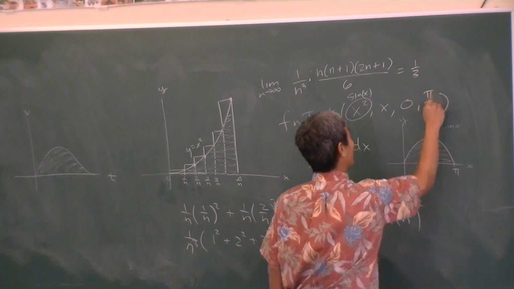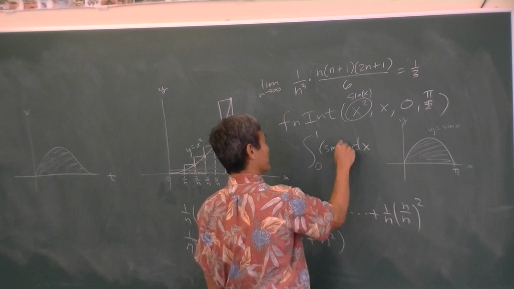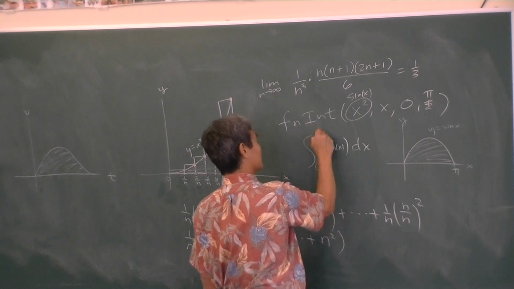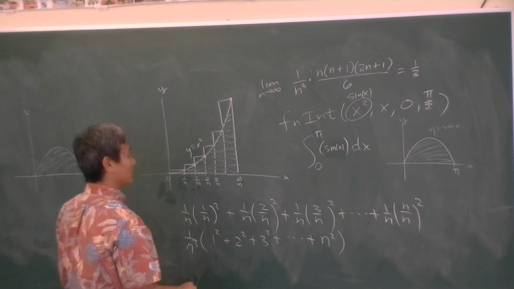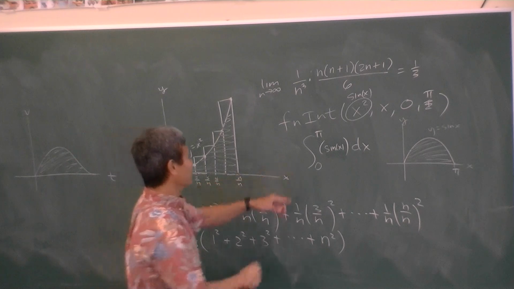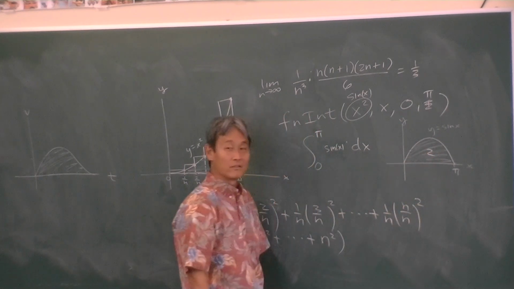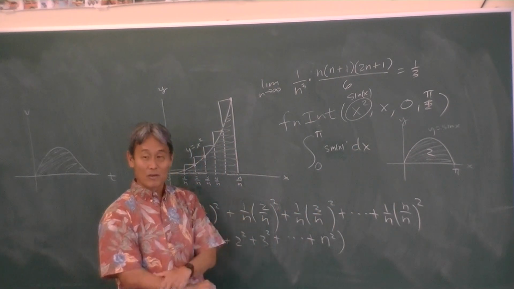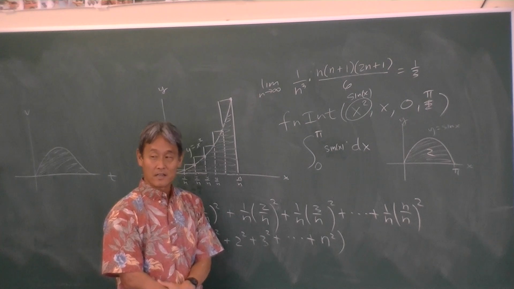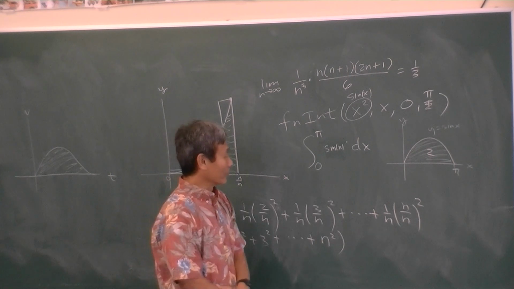So you put sine x over here, and then 0 to pi, and it spits out the answer. Exactly 2 square units. The area under one arch of the sine curve is exactly 2 square units. Isn't that kind of amazing?